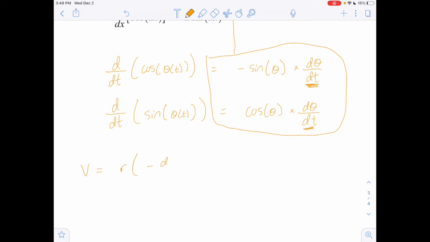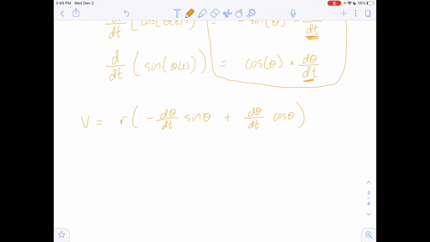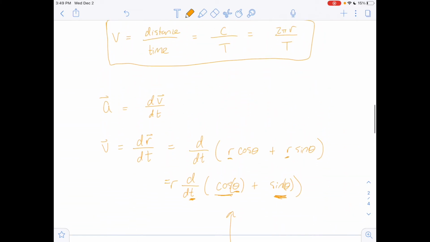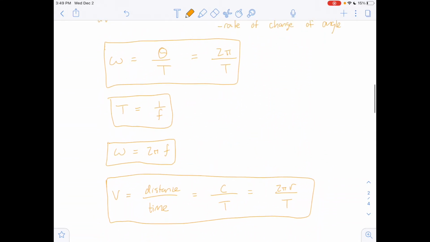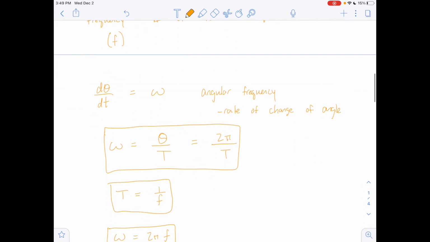So it'll be negative d theta dt times the sine of theta plus d theta dt times the cosine of theta. And what we defined earlier, we said that d theta dt is equal to omega, right? This is the angular frequency.